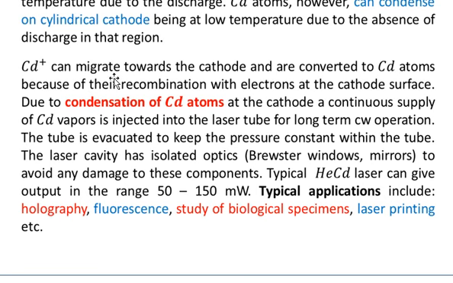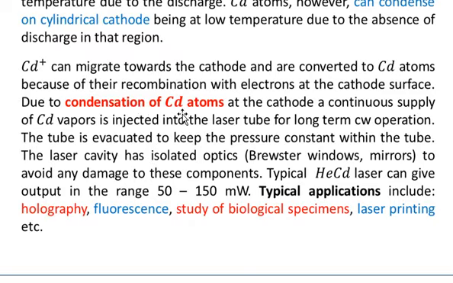Cadmium ions can migrate towards the cathode, which we do not want them to do. But of course, in the natural process, they do, and are converted to cadmium atoms because of their recombination with the electrons at the cathode surface.